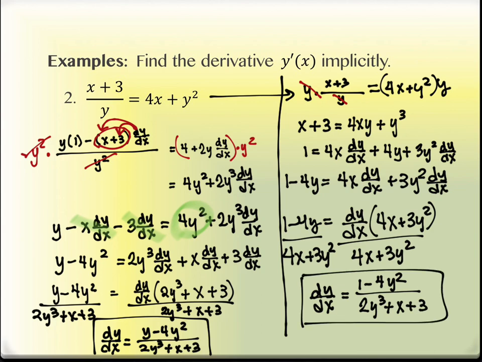And the reason it doesn't quite look the same has to do with the fact that we don't know what the y value is. Sorry, I wrote down what I had on the other one, didn't I? Sorry. What's my denominator? Thank you. I was just copying the wrong slide. I was looking at the wrong piece. 4x plus 3y squared. There we go.